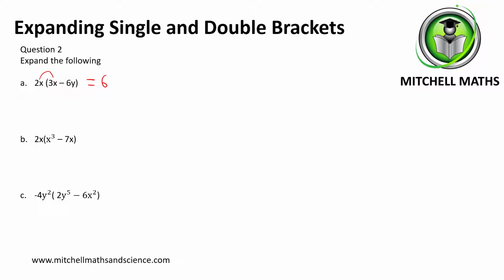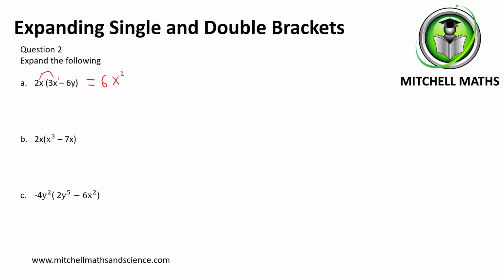Now, when you times 2 x's together, this is sort of like indices. I know there's no powers written on there, but if there's no power, it's like they're both to the power of 1. And when you multiply indices, you add. So 1 plus 1 would be 2, so it'd be 6x squared, or 6x to the power of 2.